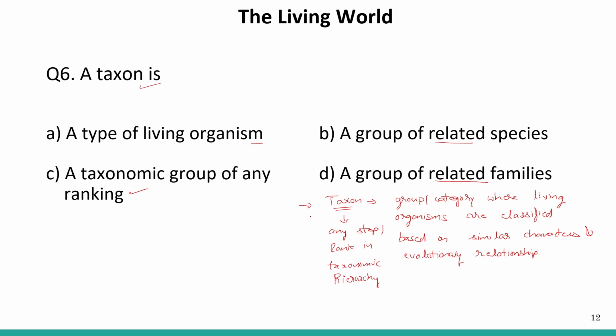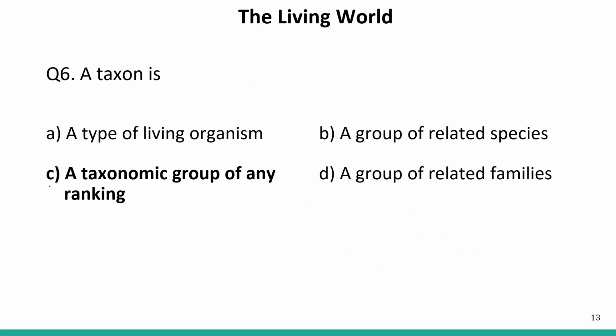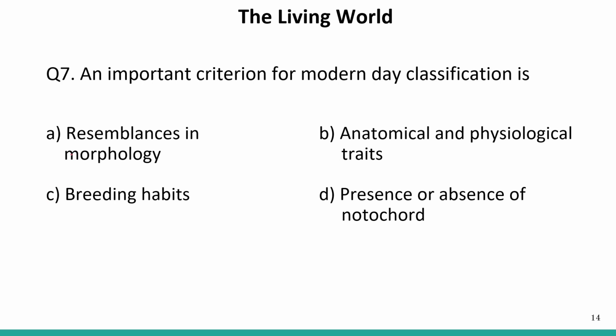So what should be the answer here? The answer is a taxonomic group of any ranking. This is known as a taxon. The next question is, an important criterion for modern day classification is, first option, resemblances in morphology.